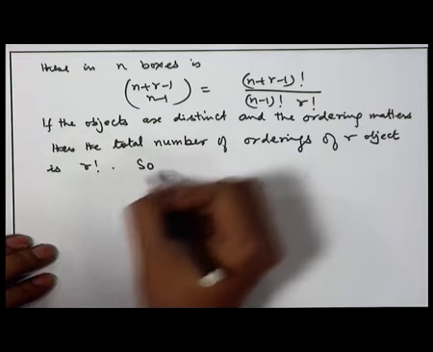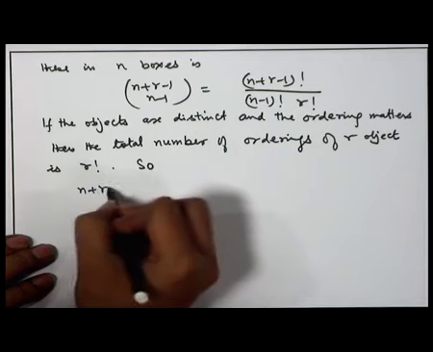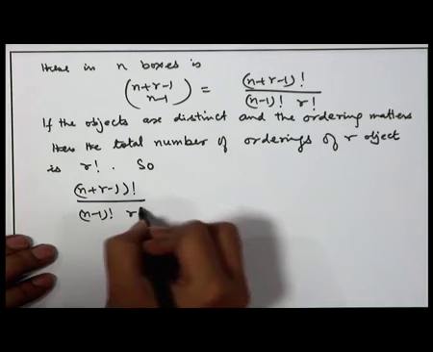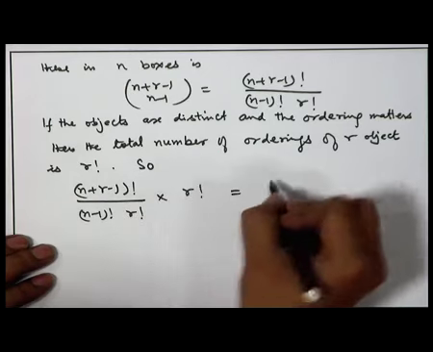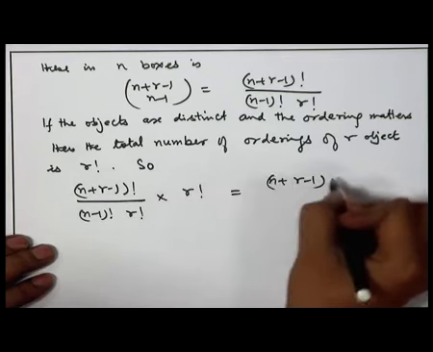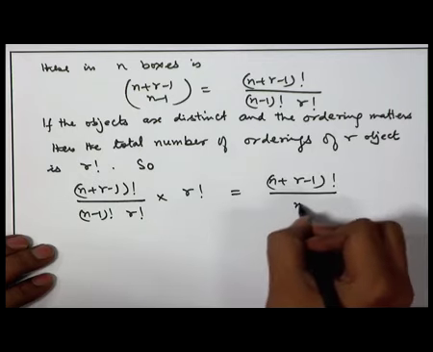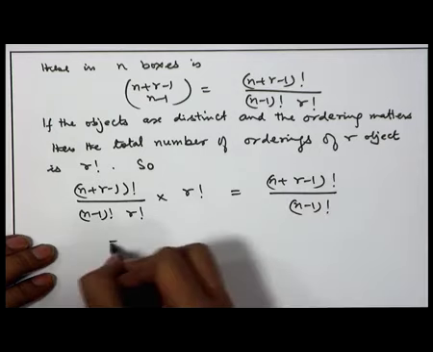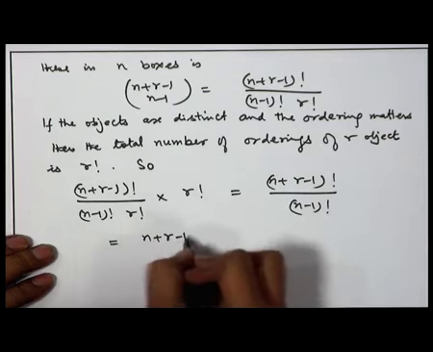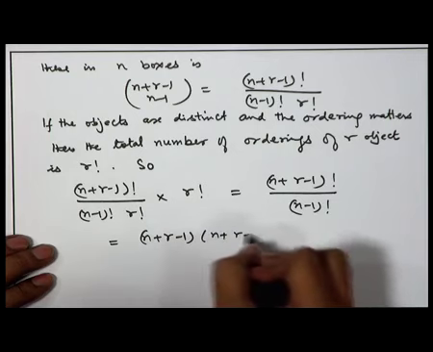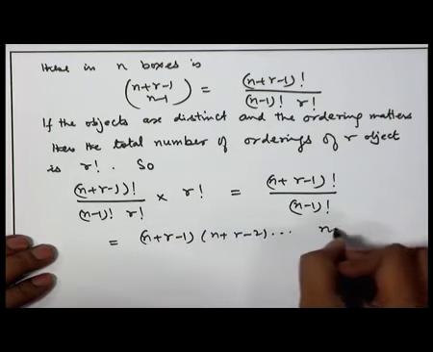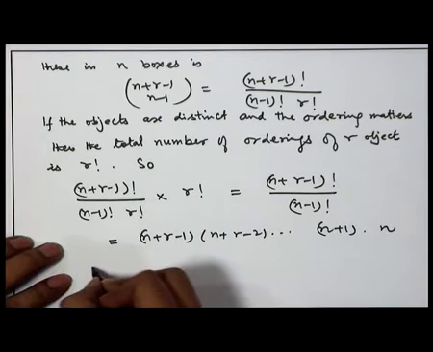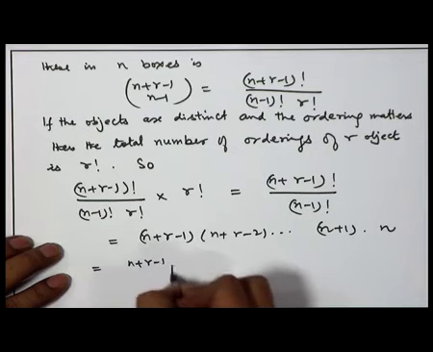So, the total number of ways is n plus r minus 1 factorial divided by n minus 1 factorial r factorial, into r factorial, that is n plus r minus 1 factorial divided by n minus 1 factorial. Of course, if you simplify this, it becomes n plus r minus 1 into n plus r minus 2 and so on up to n, which we can also write as n plus r minus 1 P r.